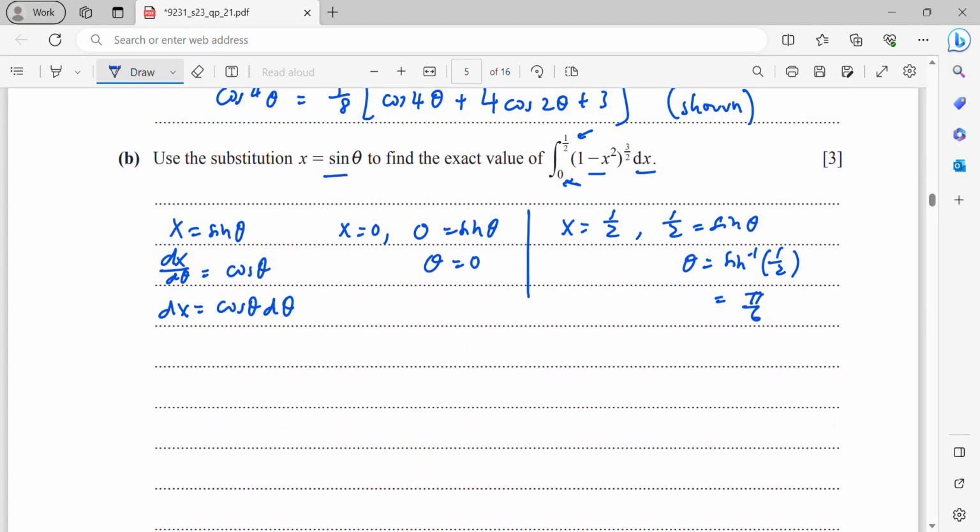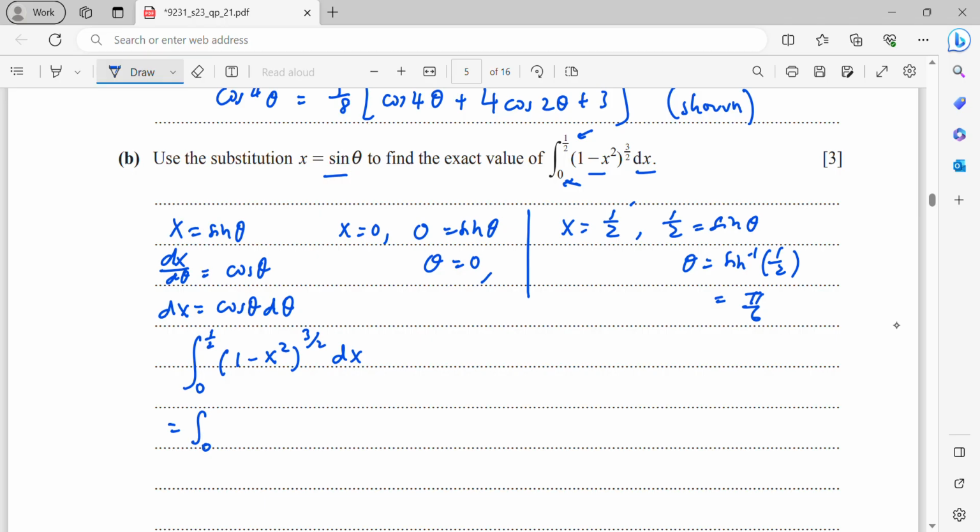So now I will substitute all this into my integration. It will be 0 to half, (1 minus x squared) to the power 3 over 2 dx. Okay, so from here, I have to change my limits. When x is 0, theta is 0.